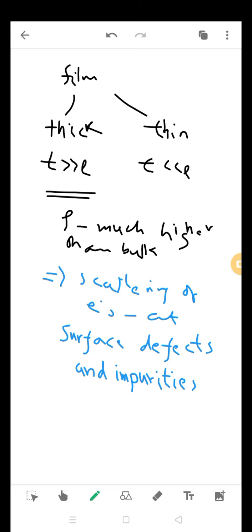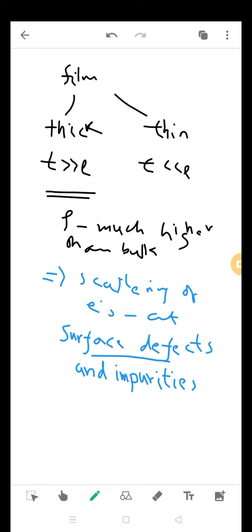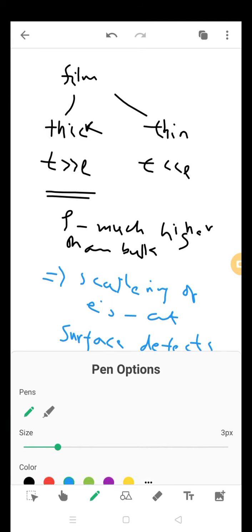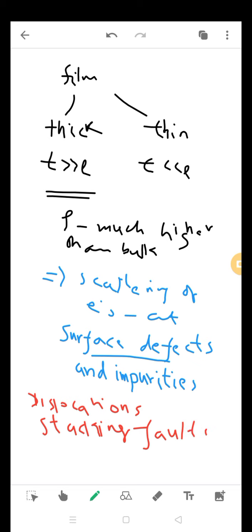And there are many structural defects frozen in during deposition of films. These are structural defects. There can be dislocations, stacking faults, and vacancies.